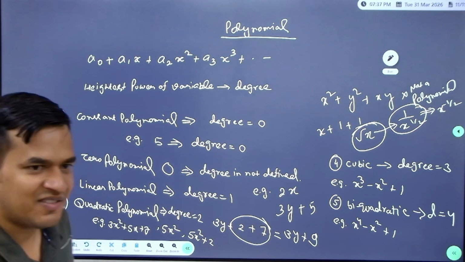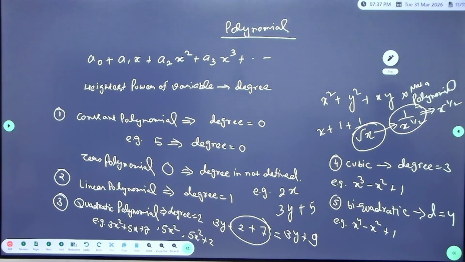So, you got the result? Math, how much in math? Science 70.